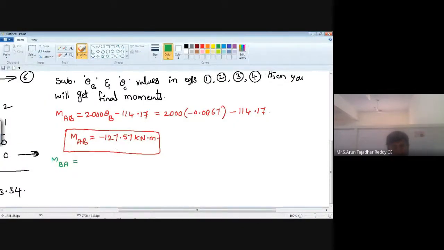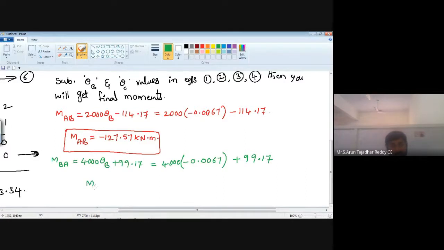Write down clearly. 4000 theta B plus 99.17, so equal to 4000 times theta B, which is minus 0.0067, plus 99.17.